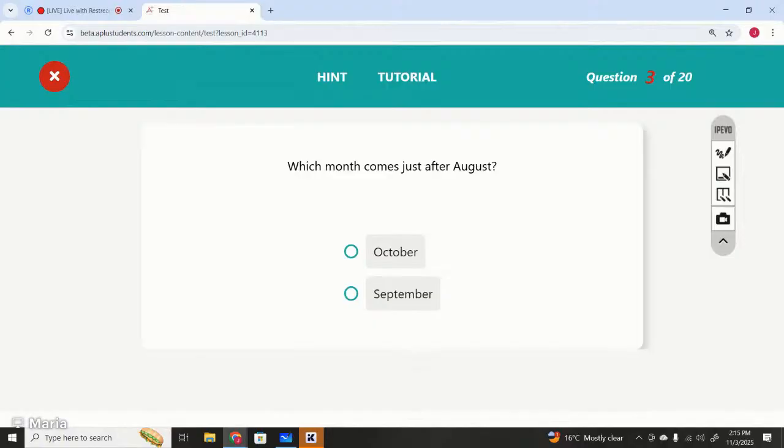Which month comes just after August? So which month is it? Just after August, it is September. Option number 2 is the correct option.